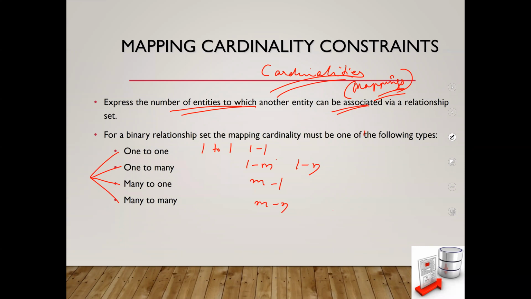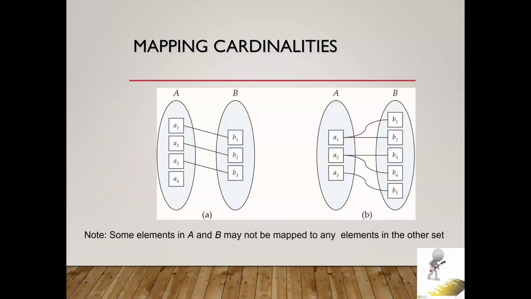Now let's see what each one means, and then how you can represent them. We are going to talk about 2 entities called A and B. If each entity in A is mapped exactly to one entity in B, and vice versa, every entity in B is mapped exactly to one entity in A, you say it is 1 to 1.